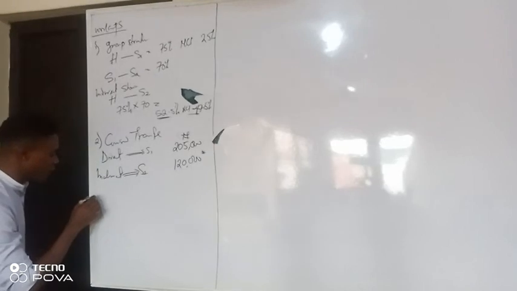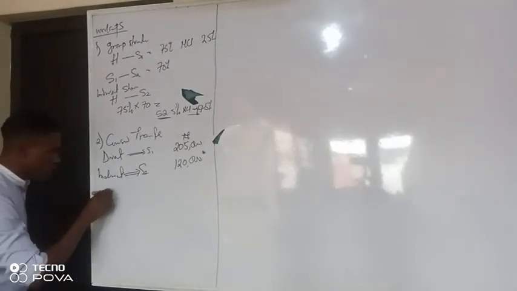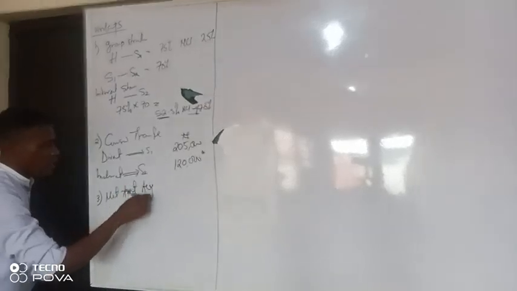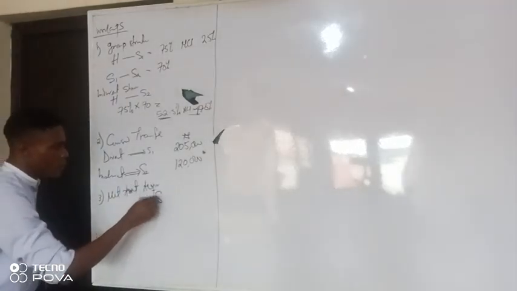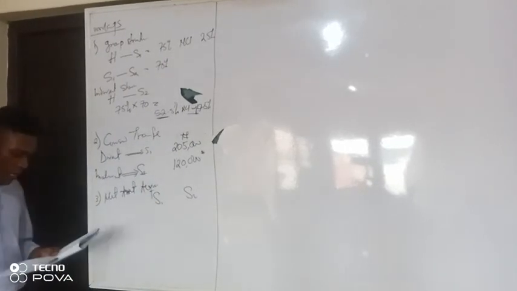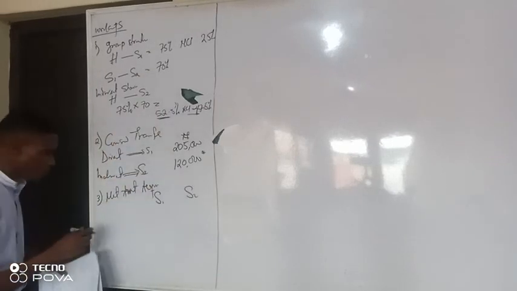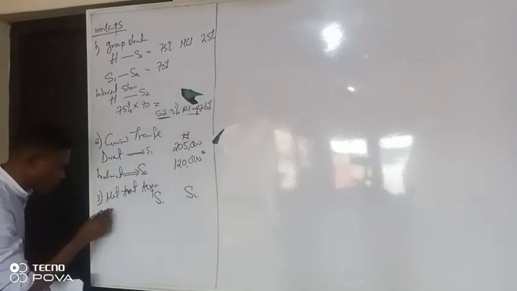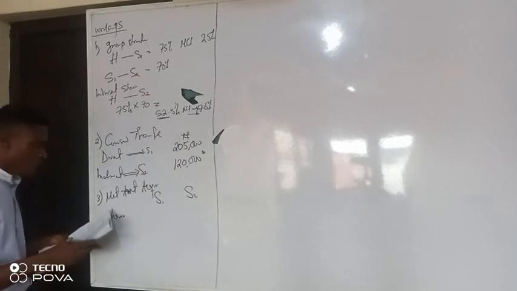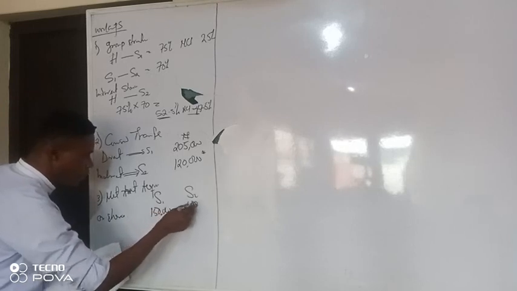Number 3, our net assets acquired for S1 and for S2. For each of them we have ordinary shares: 150 for S1 and 100 for S2.